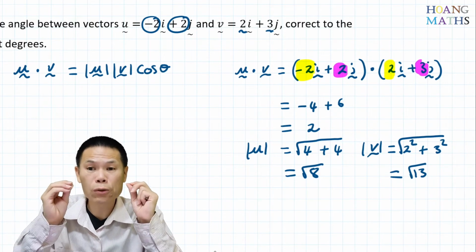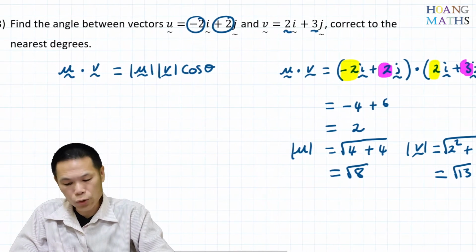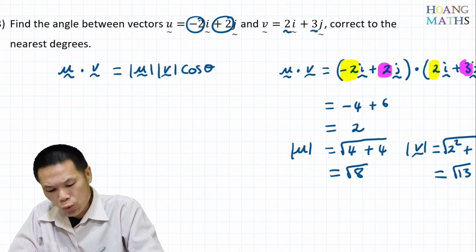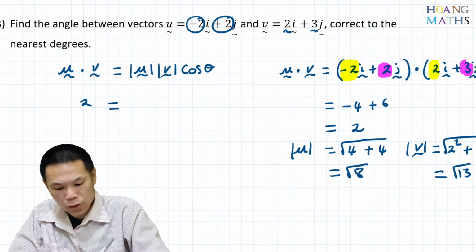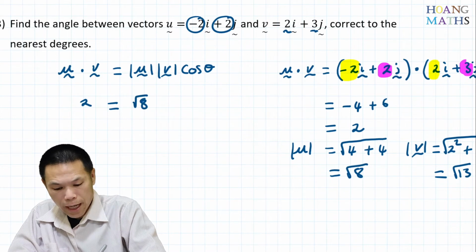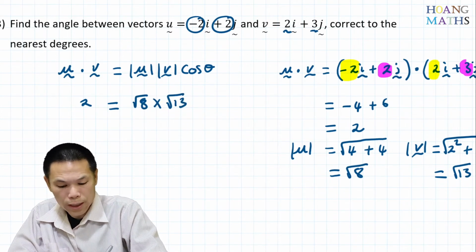Now we just substitute these into the formula. So u dot v, that is 2, is equal to the magnitude of u, that is square root of 8, times the magnitude of v, that's square root of 13, and cos of the angle in between.